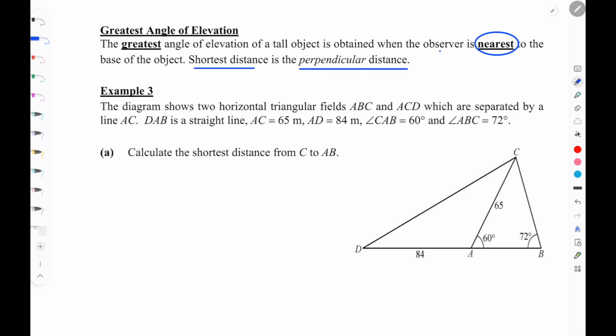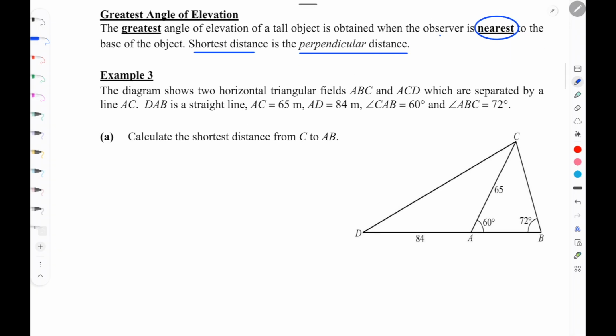Okay. So example 3, we have a few angles over there. And here everything is annotated already. Calculate the shortest distance from C to AB. Okay. From C to AB. So I will draw a perpendicular line over here.